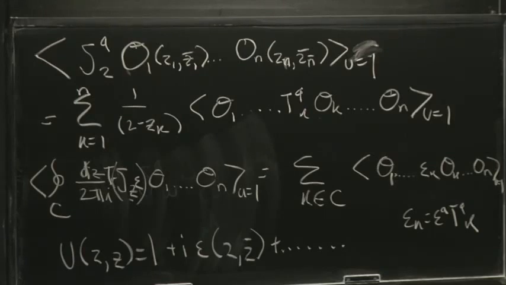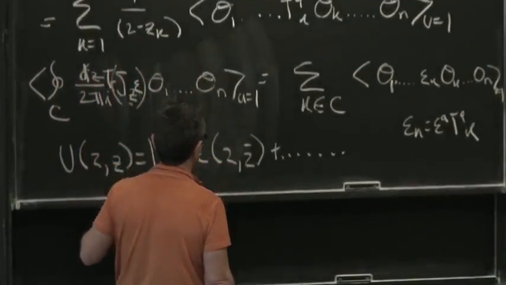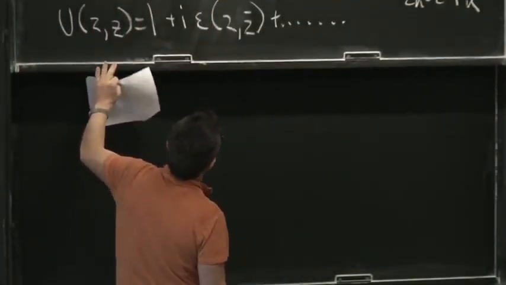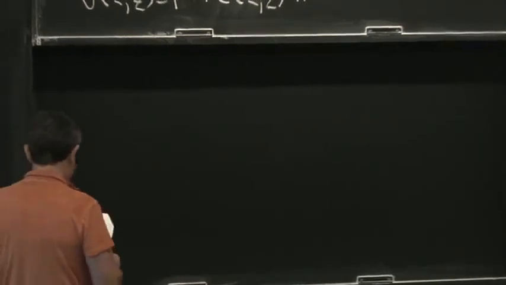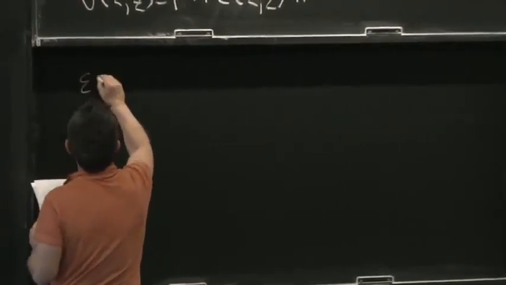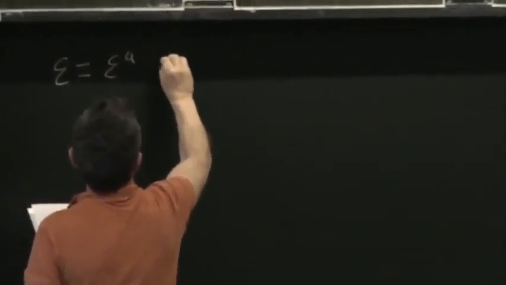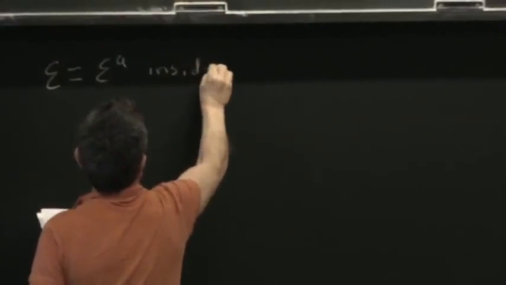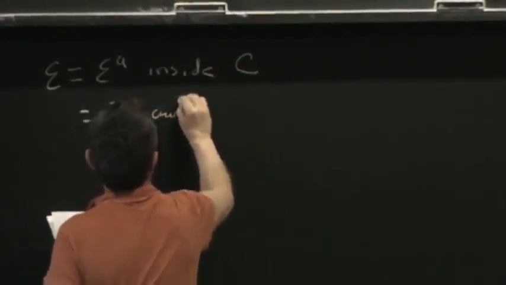So we have a flat connection on the sphere, which if it's near 1, we can expand like this, where ε is in the adjoint. And we can choose the ε so that ε is equal to ε_A inside C, and it's equal to 0 outside C.